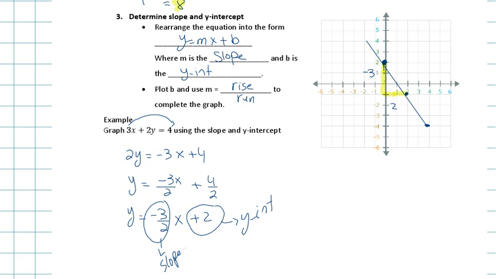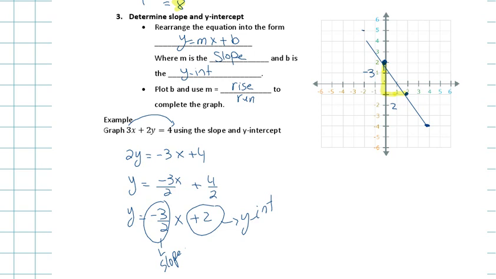And then I can cheat. If I want to go up, which way do I go, to the right or to the left? To the left, because I have to account for the negative. So 1, 2, 3, and 1, 2. So my next point is going to be here. You don't have to do that, but sometimes I don't have room on the graph, and I have to go in the opposite direction, and I need to make sure that my directions make sense.